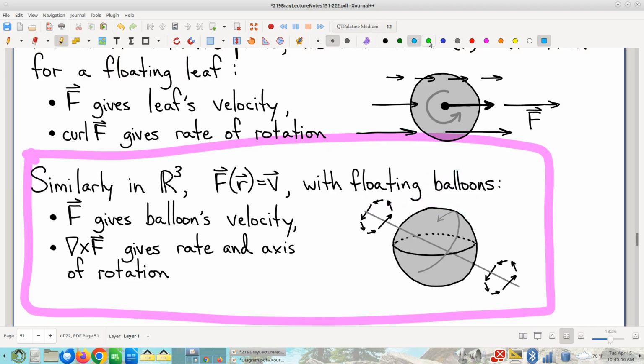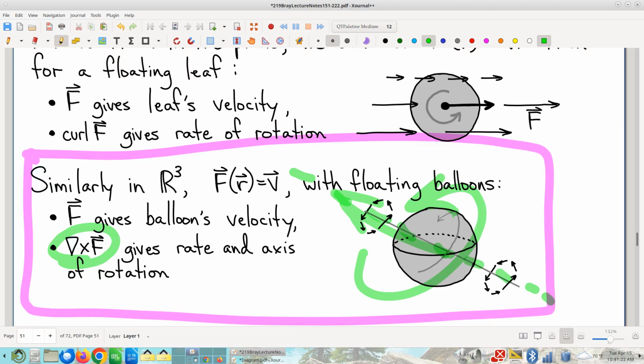And the curl is going to tell you how those will rotate because of whatever the air currents, the flow of the fluid of air, might happen to be. And it'll tell you, again, 2 things. That curl will tell you around what axis it will rotate, and how much, how fast.